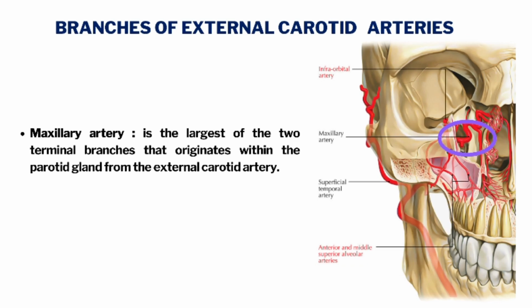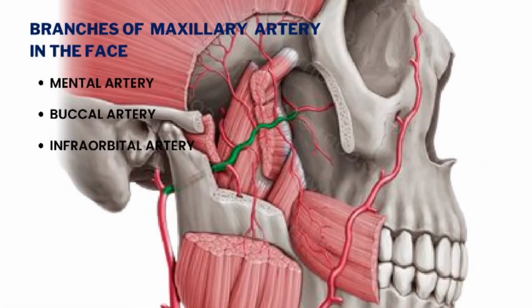The main function of the maxillary artery is to supply blood to the maxilla and mandible, deep facial areas, cerebral dura mater or the meninges, and nasal cavity. The maxillary artery has three branches that supply the face, namely the mental, buccal, and infraorbital arteries.